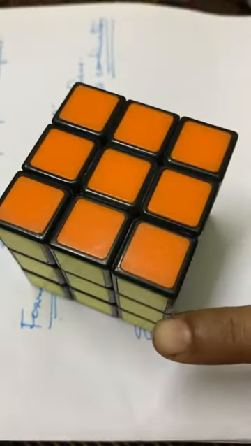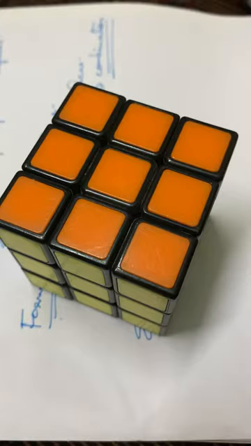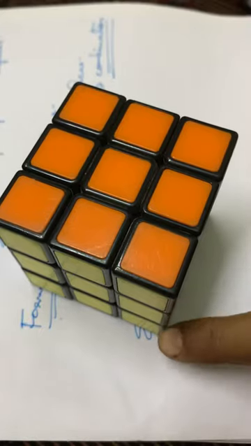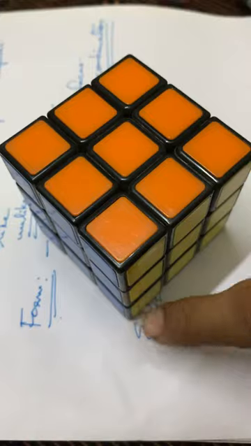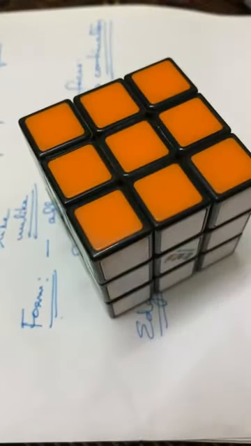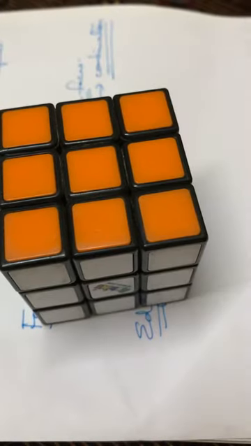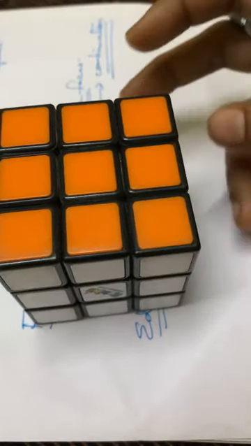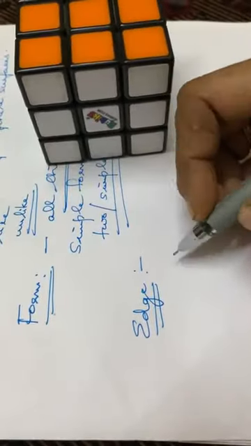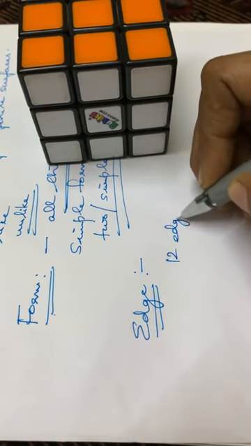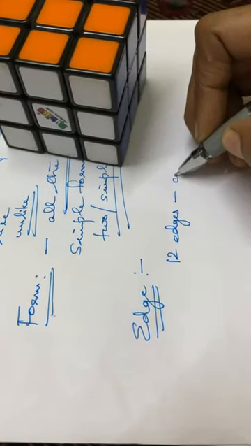Likewise 4 plus 4, 8, it is already there. So 8 plus 9, then 10, 11, 12. In total, 12 edges are there for a cubic crystal.